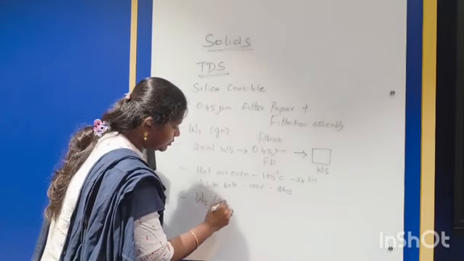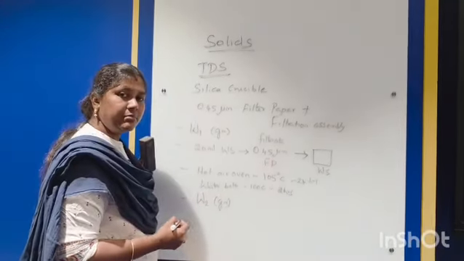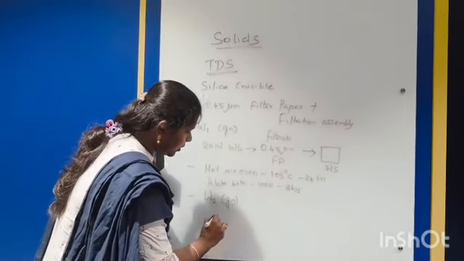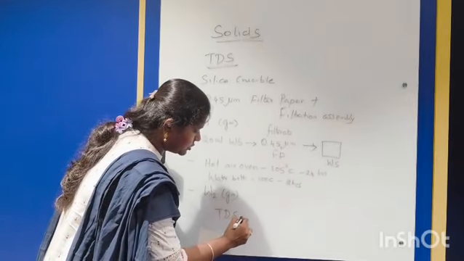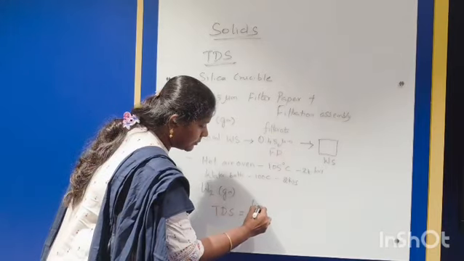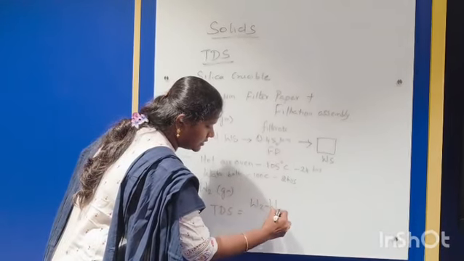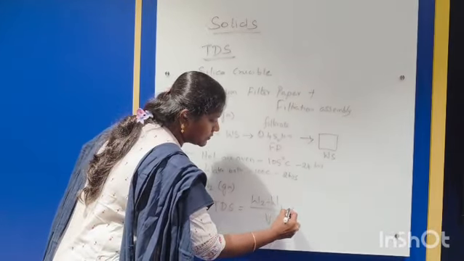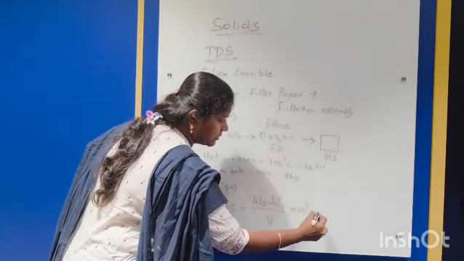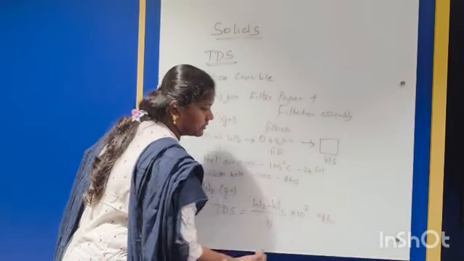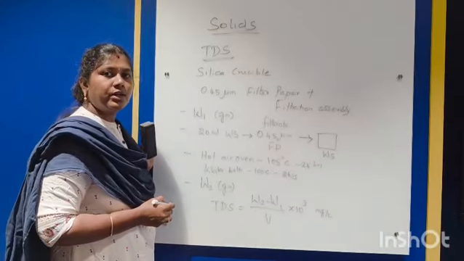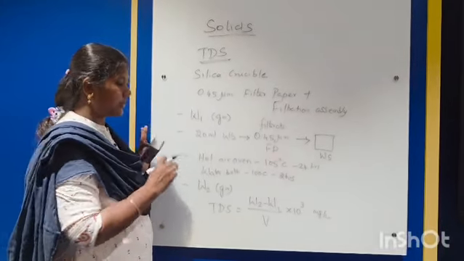It is W2. The same calculation is used for determining the total dissolved solids. That will be W2 minus W1 divided by volume of sample into 10 power 3, in milligram per liter. So this is the total dissolved solids procedure.